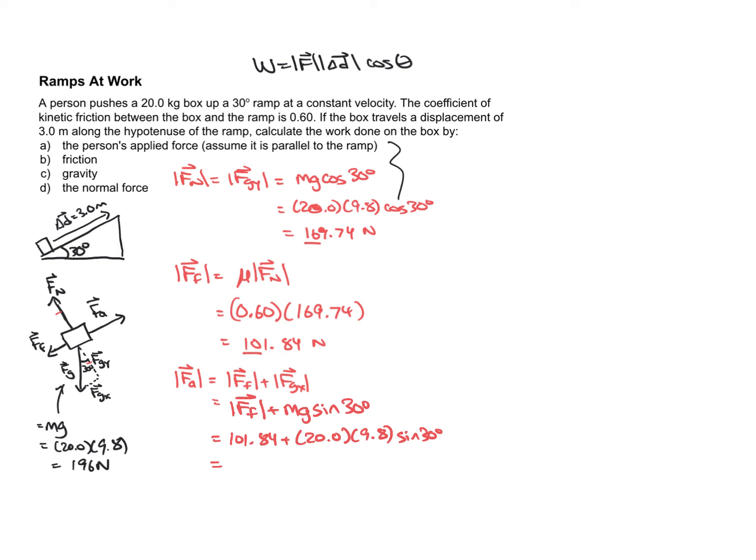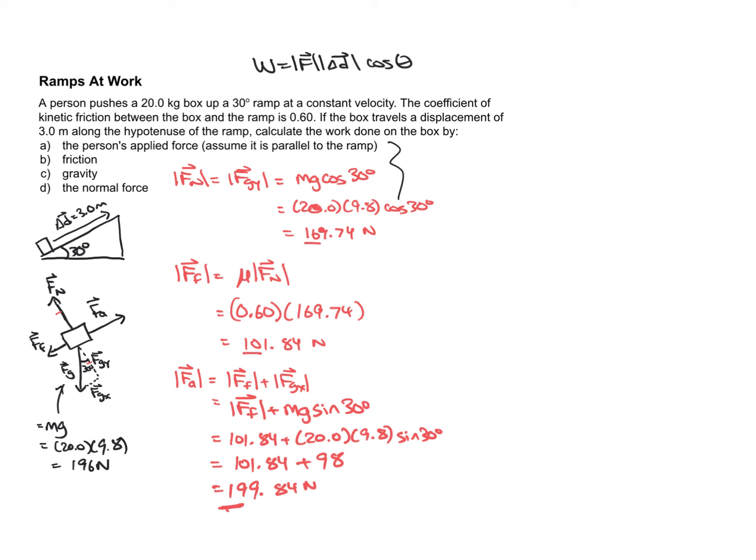A half times 20 is just 10, and 10 times 9.8 is 98. So actually it's not so bad. Plus 98. That'll give 199.84 newtons. Okay, so I actually have the magnitudes of all four of the forces. Okay, so let's start calculating the works now.